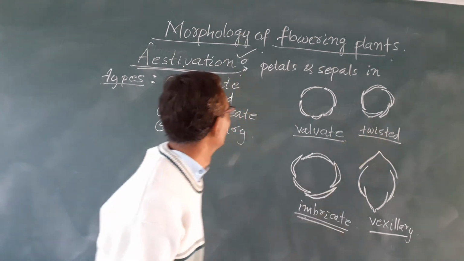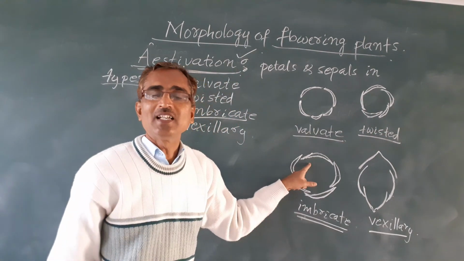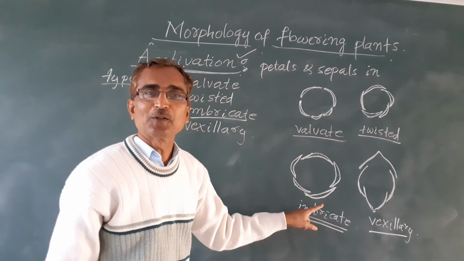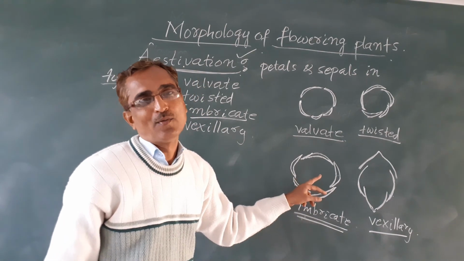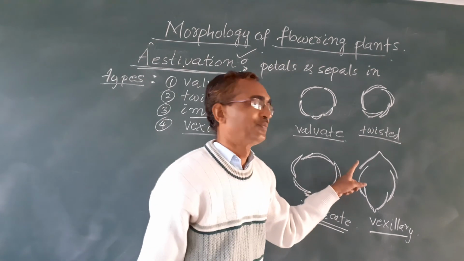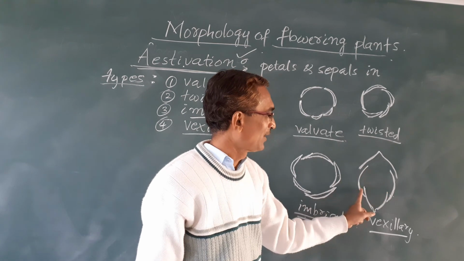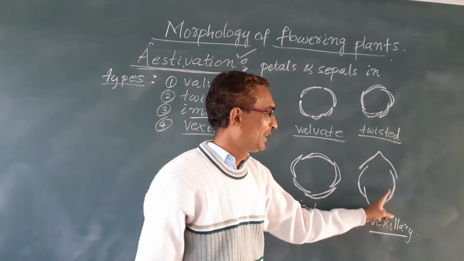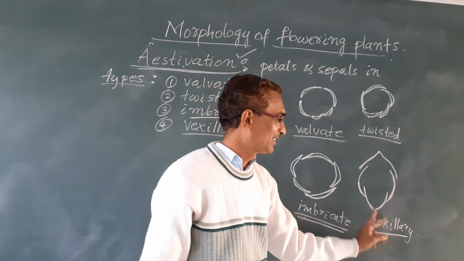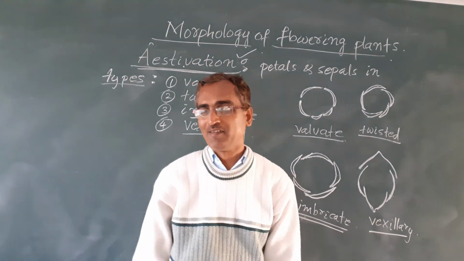In imbricate, one member is completely inside and another completely outside, and adjacent ones overlap each other. And in vexillary, the largest sepal or petal covers the other two, and these two in turn cover the other ones. So this is vexillary estivation.